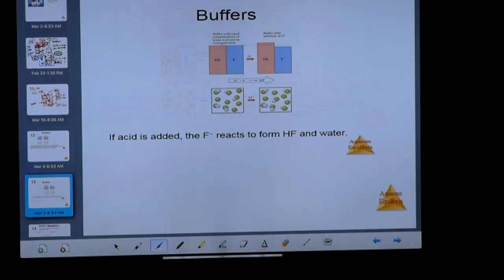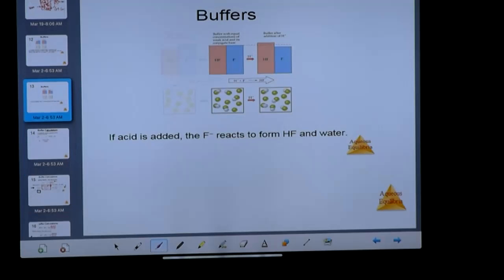If acid is added, the F minus reacts to form HF and water. So there's something now, I call it the secondary reaction. It goes into water, it dissociates, but then it finds another pair to make a secondary reaction. The secondary reaction can both take up H pluses and take up OH minuses if they're added. That means it will maintain the same pH.